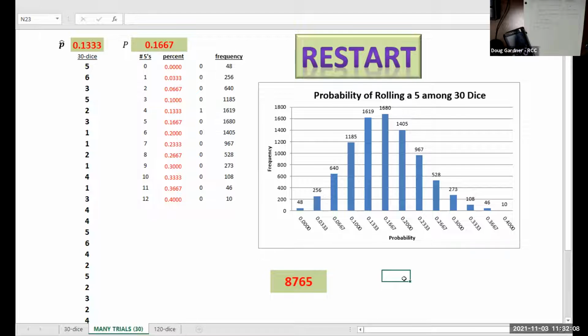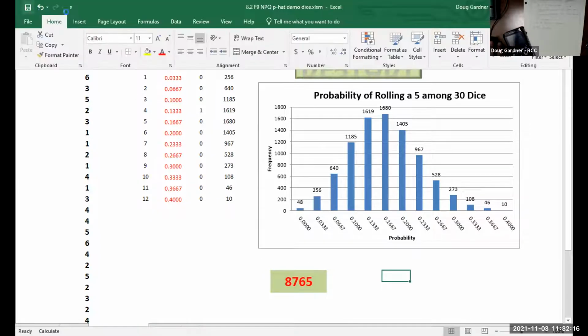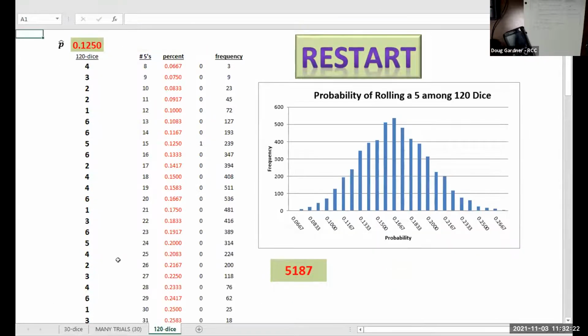Whereas when I rolled 20 dice, watch this. Better save that. What do you notice about that when I rolled 20 dice? You see how it looks normal now? And again, I saved it with 5,000 trials on it.